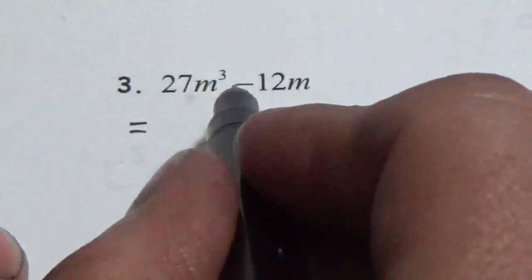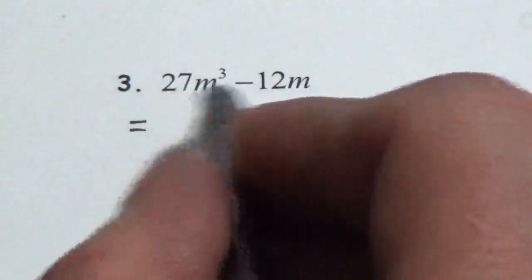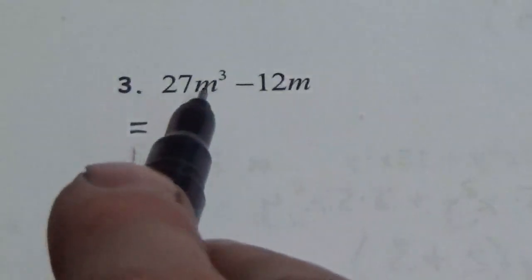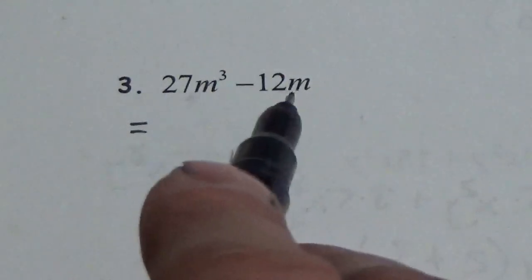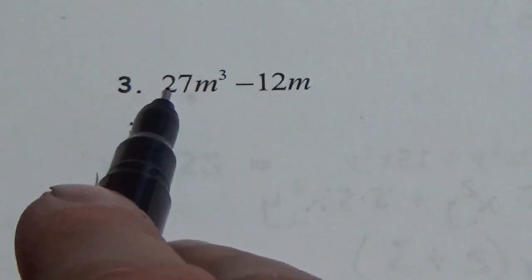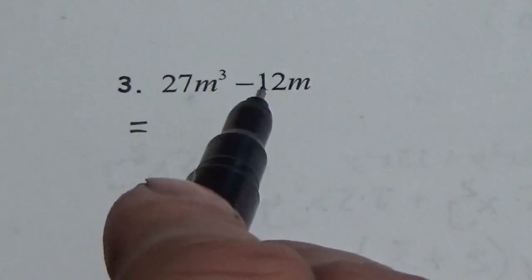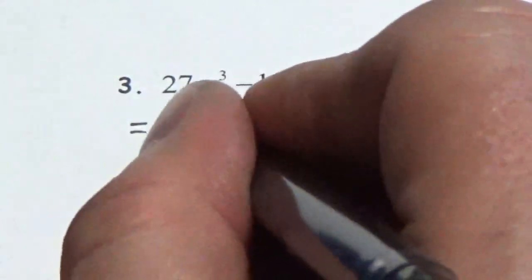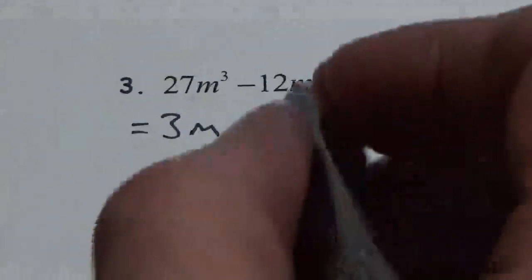All right, 27m cubed minus 12m. Well, clearly I have two terms and I've got subtraction in between, but these are not perfect squares, I should say. But there is a common factor of m, clearly there, and there is a common factor of 3 in the two coefficients there. So I can factor out a 3m.